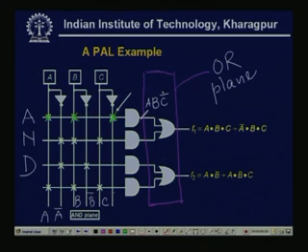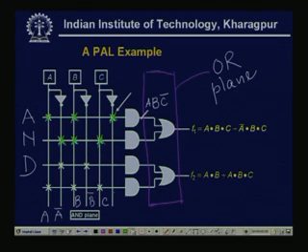Similarly, the second line realizes, this cross point means A bar, this is B because the B line is here, and this is the C line. So this is A bar, B, C.